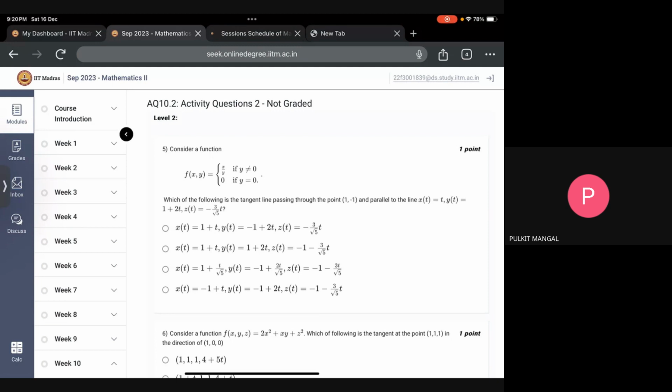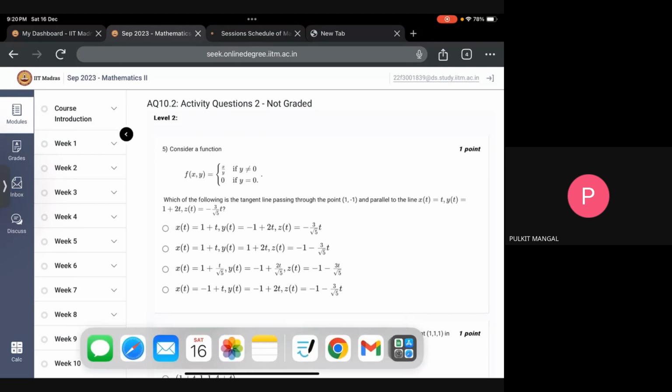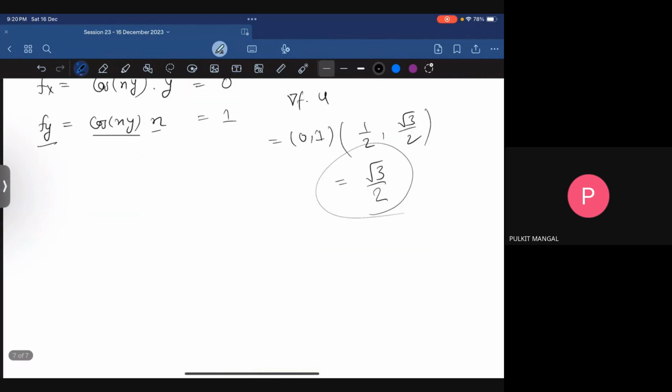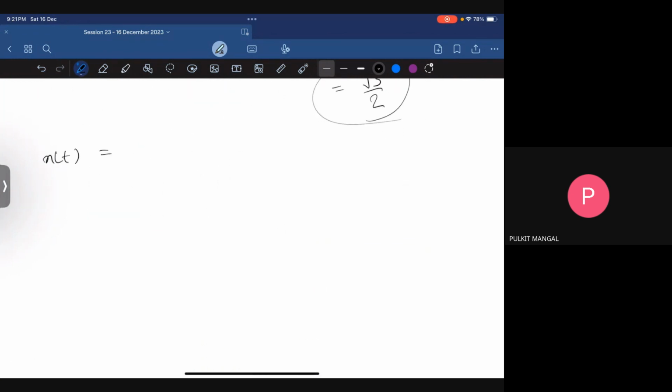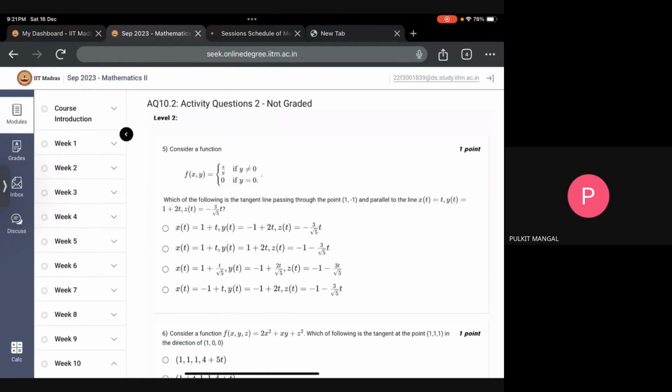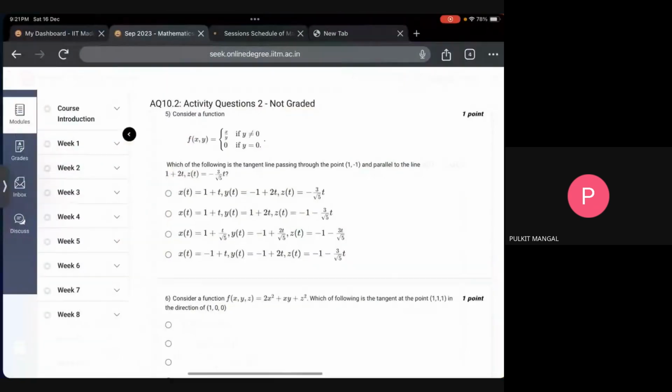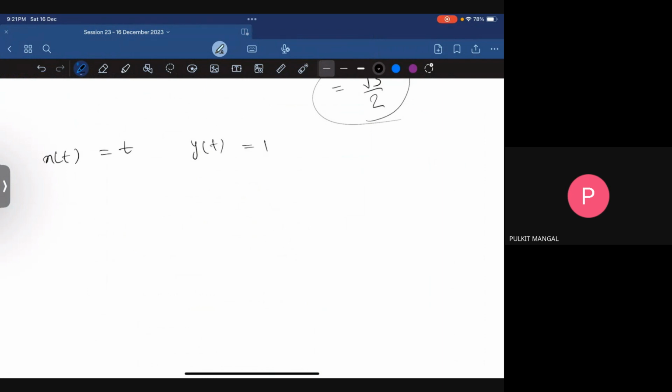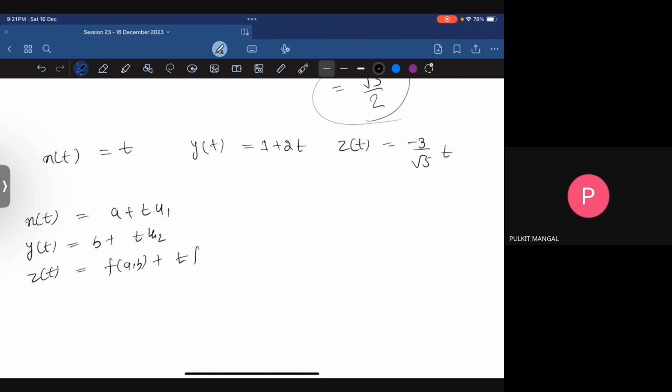We have x of t equal to t, y of t equal to 1 plus 2t, z of t equal to negative 3 by root 5 t, right? The parametric equation is x of t equal to a plus t u1, y of t equal to b plus t u2, where u1 and u2 are the unit vector components.